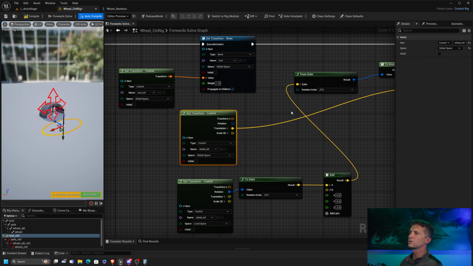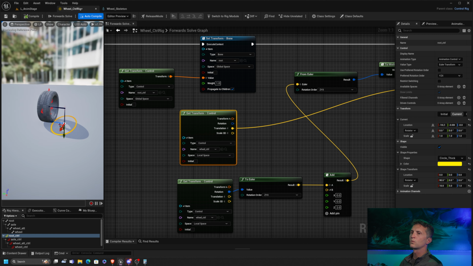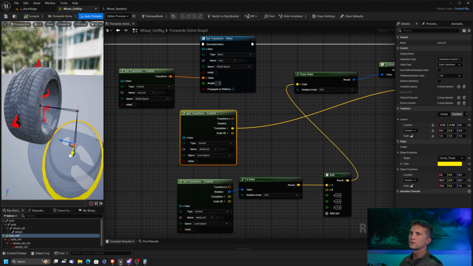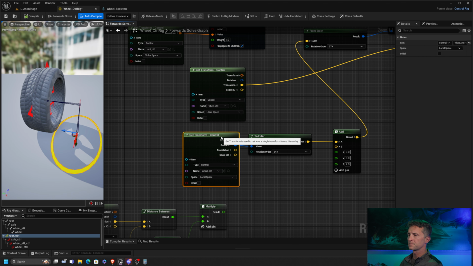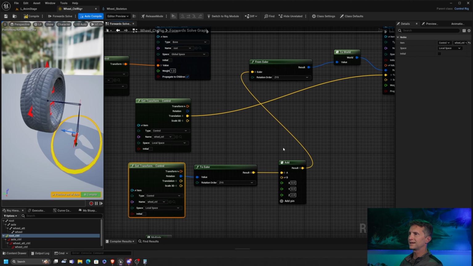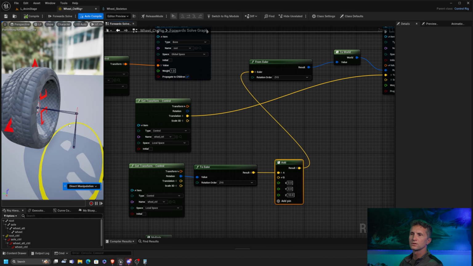Okay, and the problem is we need to, oh, interesting. If we put this in local space, that lines it up. That's cool. But so far we're still not getting any rotations. Why is our wheel not rotating yet? So we're taking the control local space rotation, we're adding to it 2 degrees. Let's try 10 degrees. Is it just, oh, I saw it move.